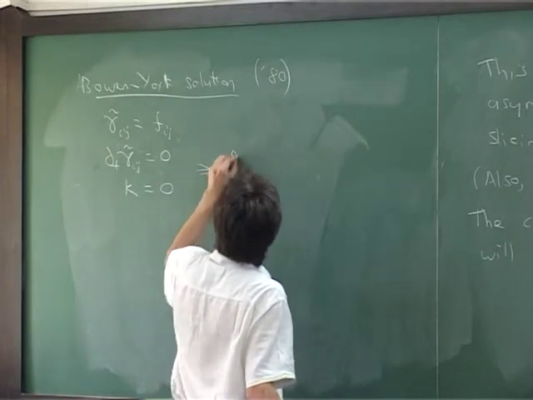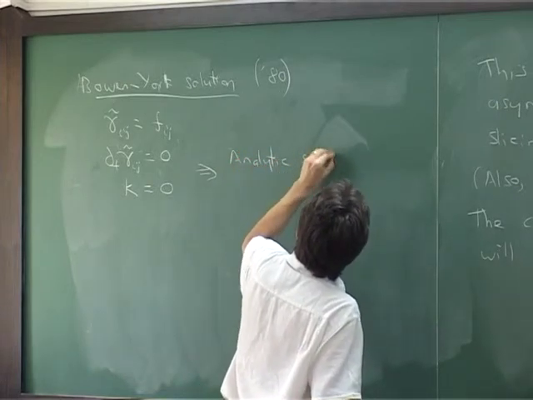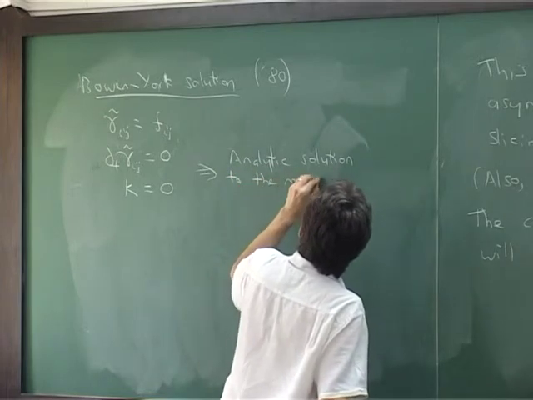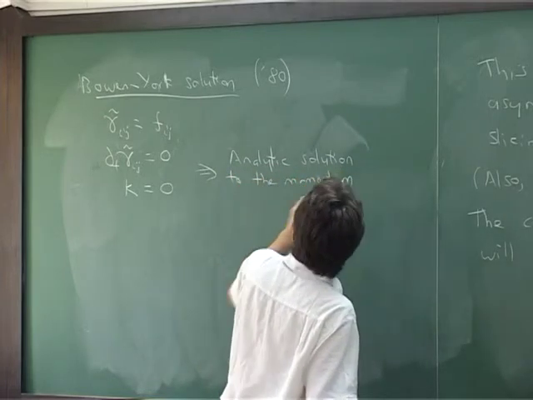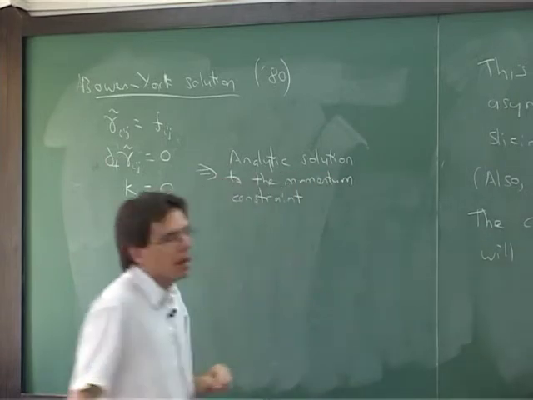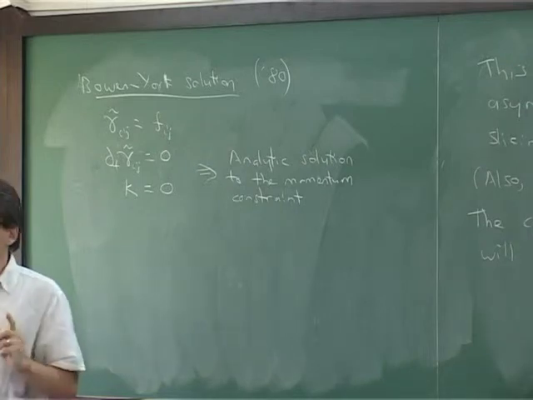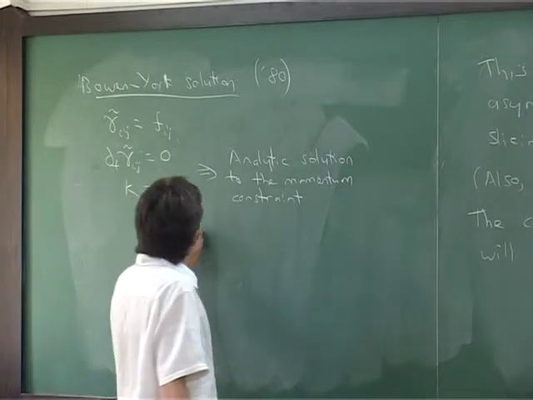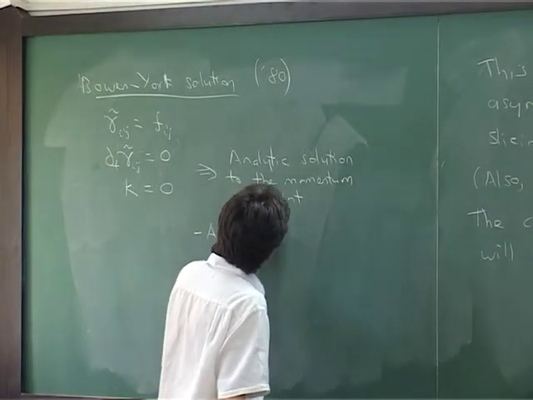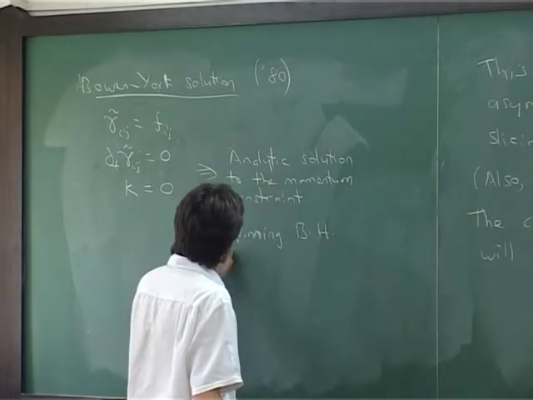So we get an analytic solution, and the great thing about this is that we can get a solution that represents either a spinning black hole or a boosted black hole.